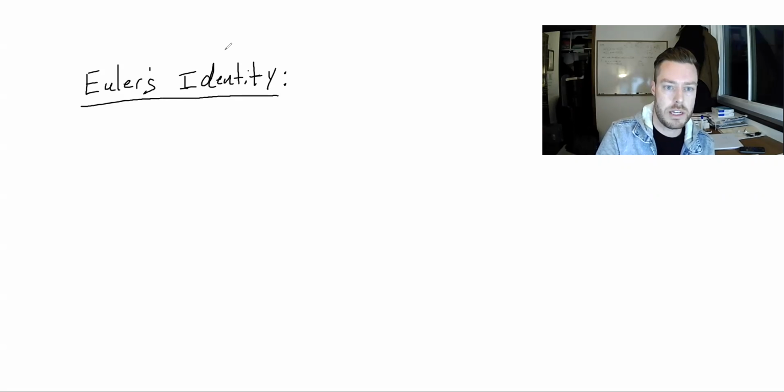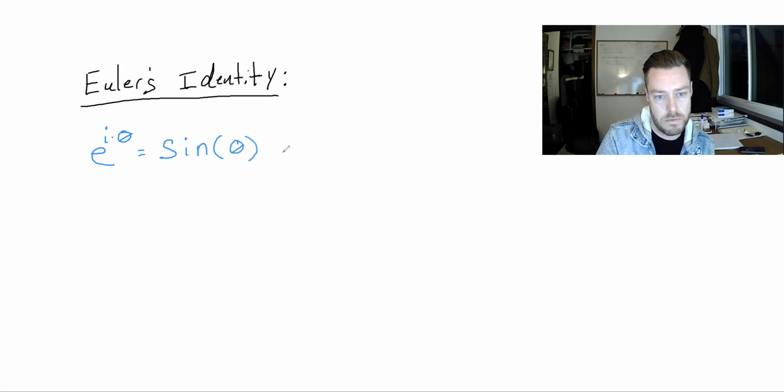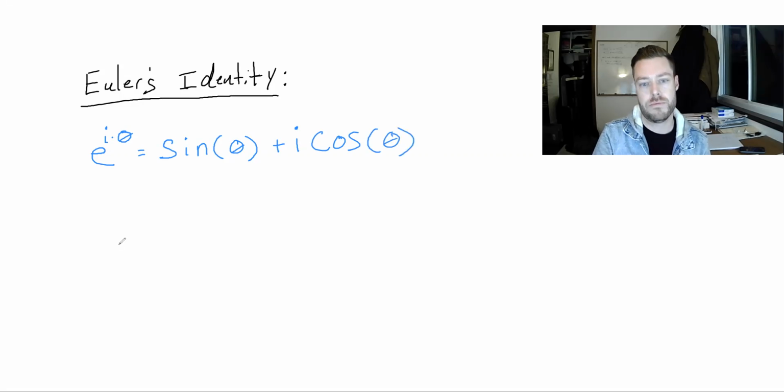And really what Euler's identity says is you're going to have e to the i times theta is equal to sine of theta plus i cosine of theta, right?